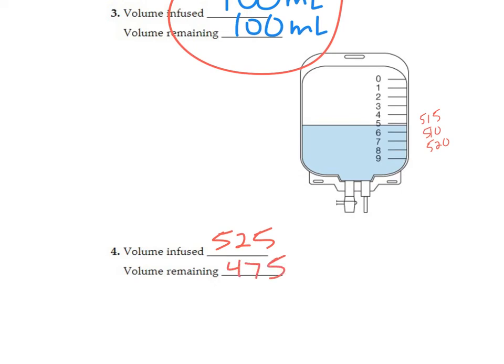Had we answered that a little bit differently, if let's say we said that's about 510, that means remaining, 1,000 minus 510, would be 490. So your answer for remaining is dependent on what you said in the volume infused. So make sure that you answer that accordingly.